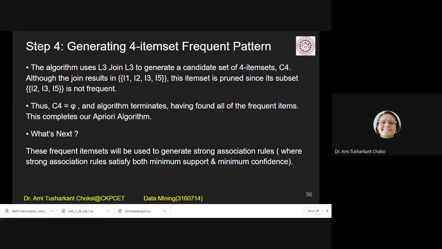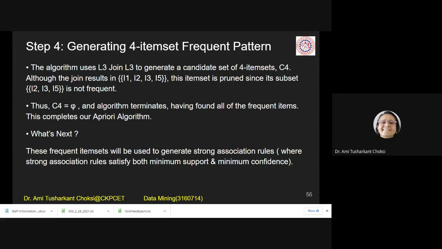Now from whatever frequent item sets are there, we can derive the rules and check whether they are acceptable or not, using the confidence. Fine.